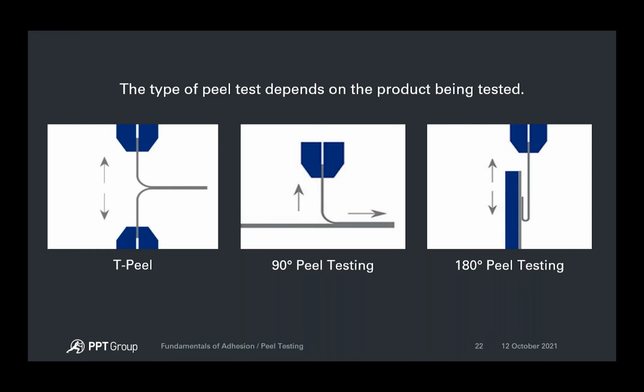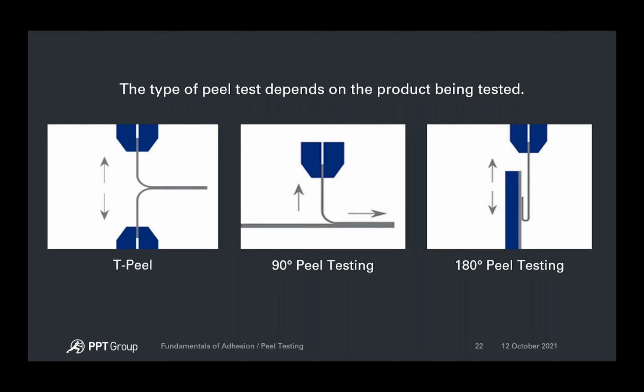The next step is looking at the type of samples that need to be tested and determining which of the 3 most common approaches will yield the most consistent and repeatable results for your application. So again, it could either be a T, 90, or 180 degree peel. If you're a manufacturer of flexible duct tape, we'll probably recommend the 180 degree peel test.